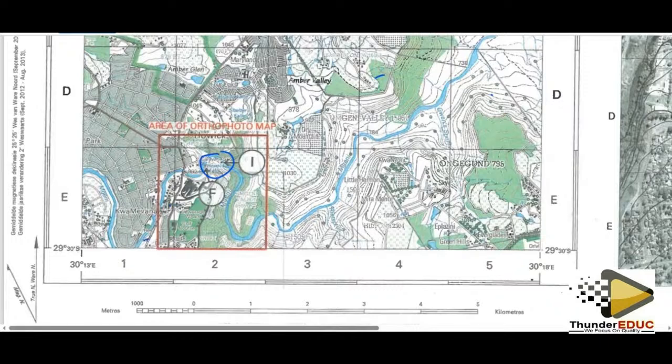Also, the meanders are more developed on this other side, which means that the river was flowing from the northeast towards the southwest. Okay.